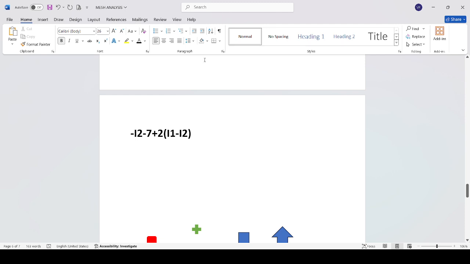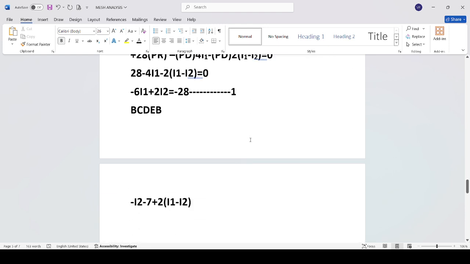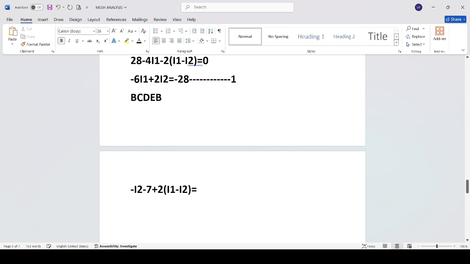Then the loop is closed, B, C, D, E, B. No element is left, so the algebraic sum of all the voltages is equal to 0. If you write it, it is 2I1 minus 2I2 minus 3I2 equal to 7.